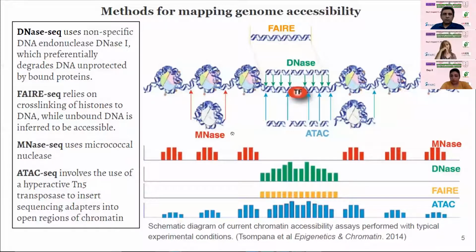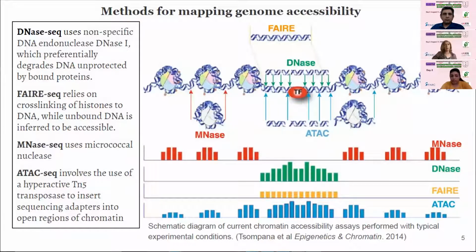And the fourth one is ATAC-seq. It involves the use of hyperactive Tn5 transposase. What Tn5 transposase does is it inserts the sequencing adapters into the regions that are open in the chromatin, and wherever those sequencing adapters are bound, the sequencing is done.